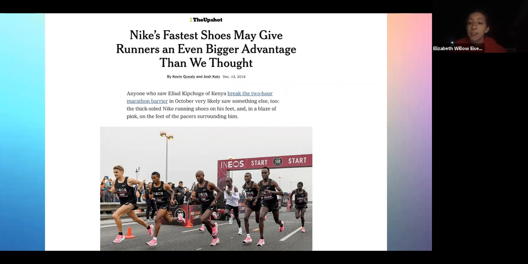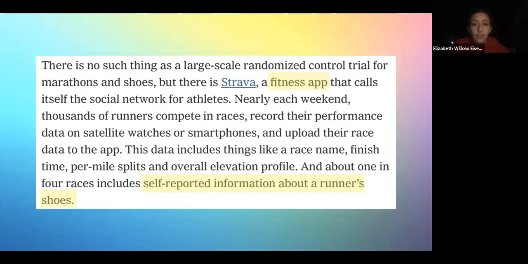And so they did a bunch of different analyses in this article, but I'm going to focus on one specific plot that they printed. And so we can look at, how can we understand this plot? So the data that they got, it came from a fitness app called Strava.